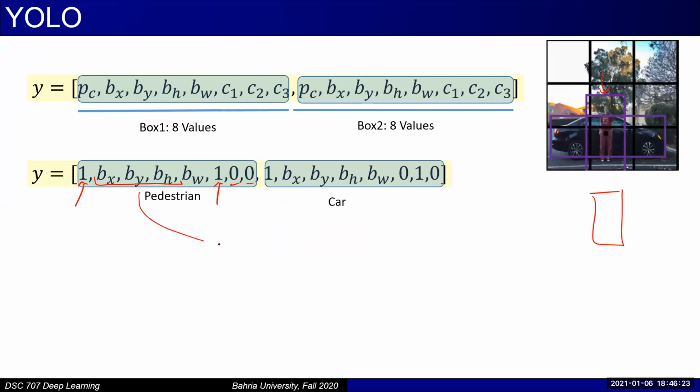So this part corresponds to this particular anchor box. And then when we take the car, it contains an object. Yes, these will be the coordinates. And then what is the class? It is not a person, it is not a bike, it is a car. So C2 is 1. So now you see, with a single grid cell, you have associated multiple objects.